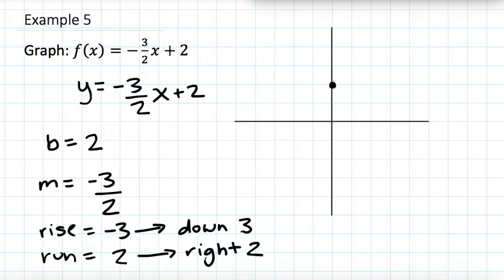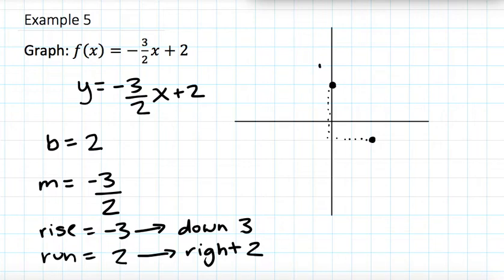If your slope is positive, that's going to make an upward slanting line, and if your slope is negative, that should always make a downward slanting line. So I'm going to count down 3 here, and then 2 to the right to get my second point, which is right here.